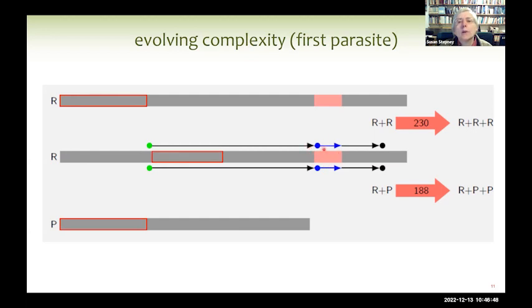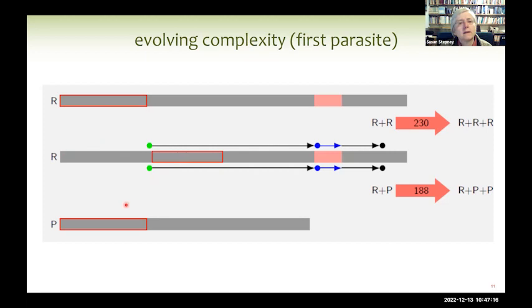And this is a copy loop, and this pointer goes round and round the loop, copying this other string until it gets to the end of the string, and then it goes along and terminates. And so you start off with 2 replicators, and after, in this particular case, 230 steps, you end up with 3 replicators.